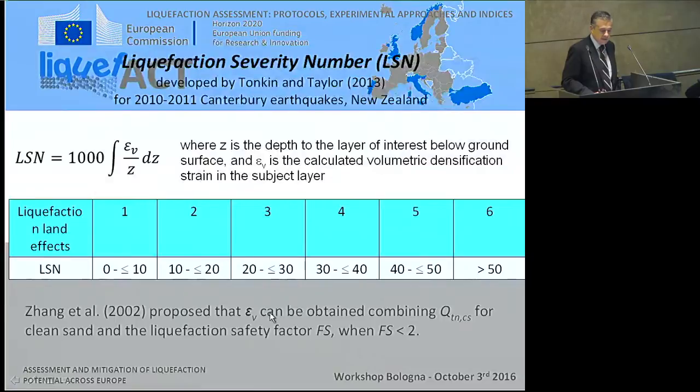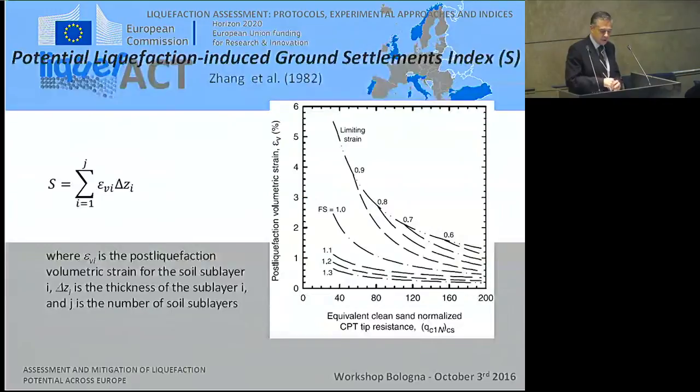And you can see that this value of the volumetric deformation due to this phenomenon is based on this database that they collected. It's related to this limited strain, epsilon VI, a post-liquefaction volumetric strain for each subsoil layer. So you can go to the CPT profile, you can get all these values, and you can go to the LSN. A step forward of the LPI.